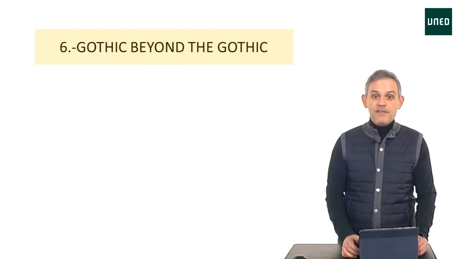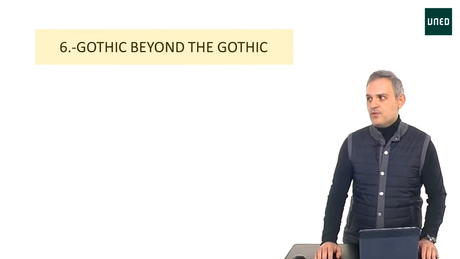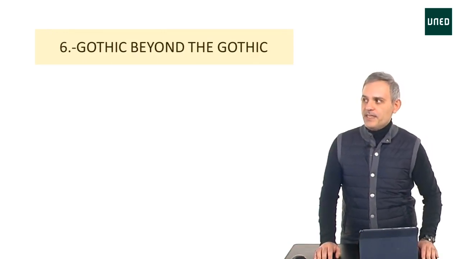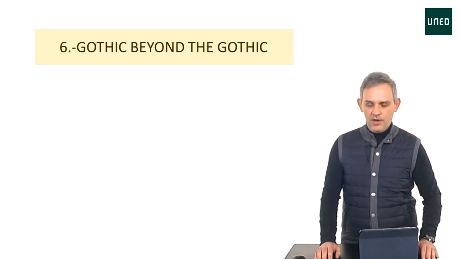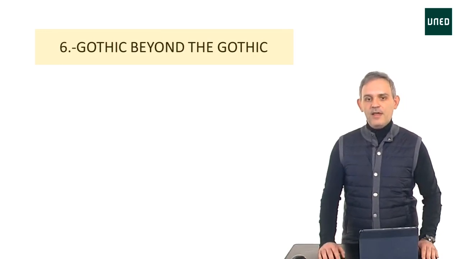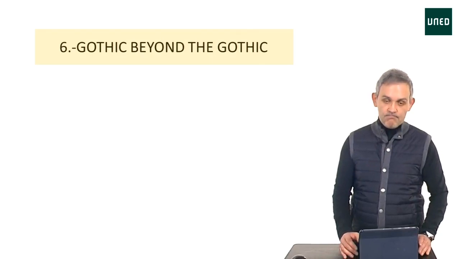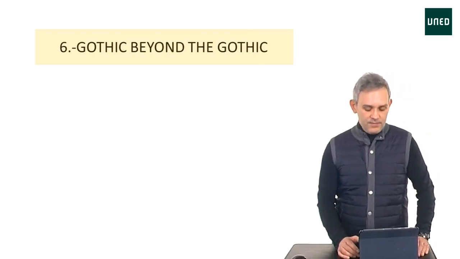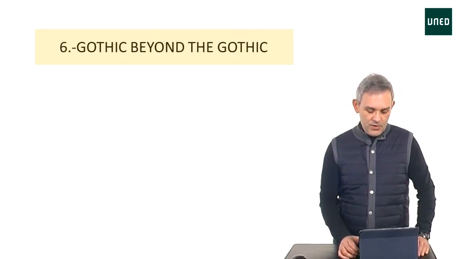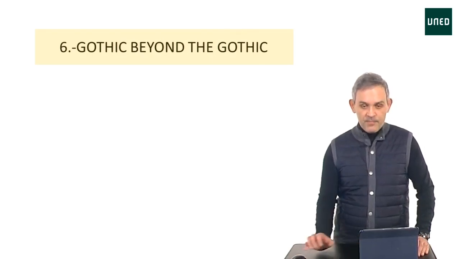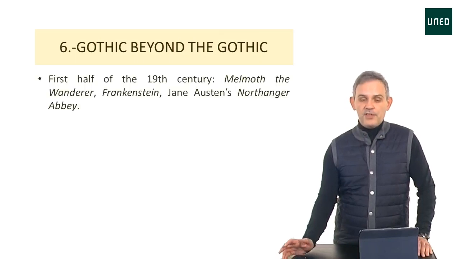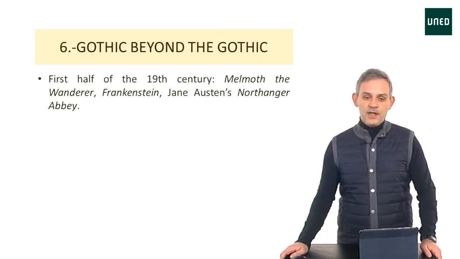Okay, and having discussed Frankenstein, we can move on to point 6, which is Gothic beyond the Gothic, by which I mean the influence of the Gothic after the 18th century. We have seen that the Gothic survives during the first half of the 19th century. It is more conventional in Melmoth the Wanderer.